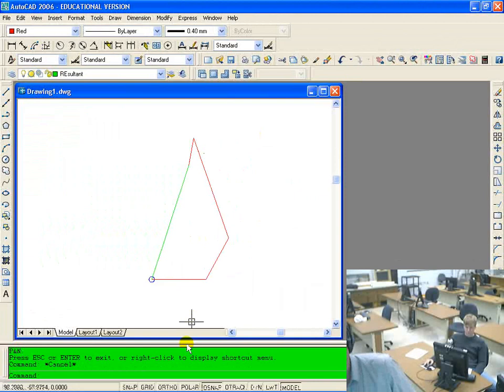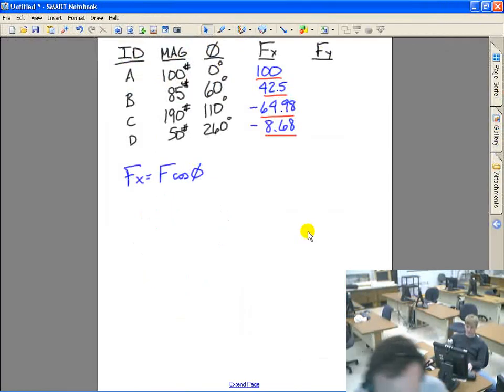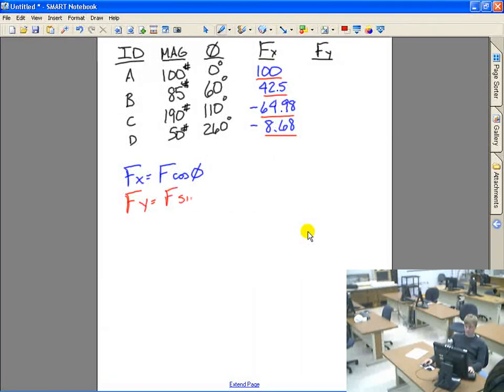Let's go back to our calculations, and now we'll do the y. So Fy equals F sine theta.